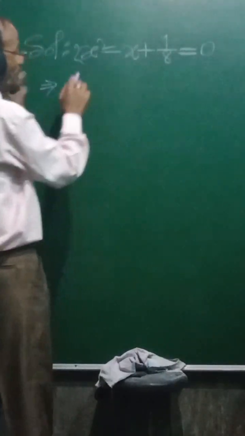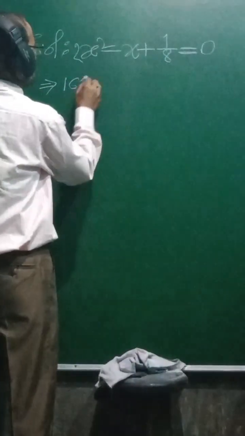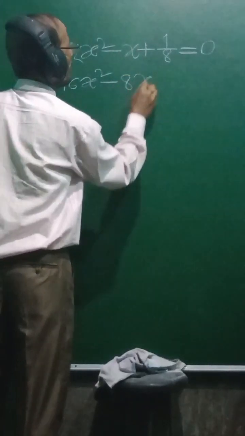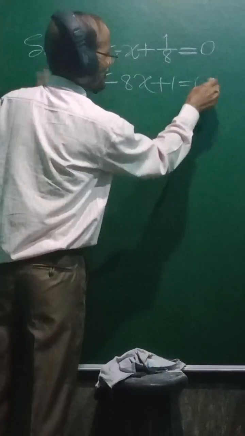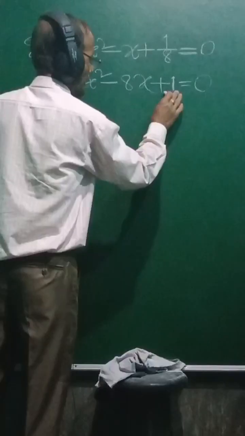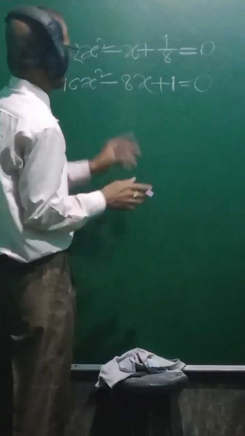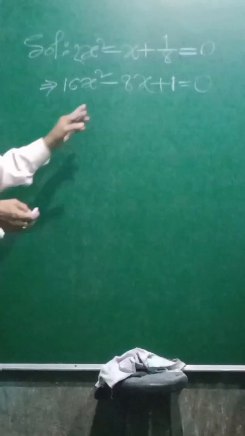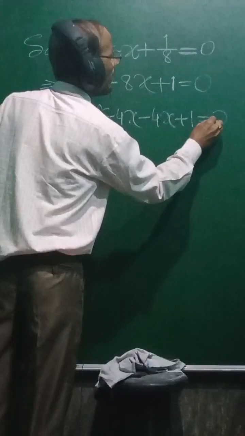This implies multiplying by 8 on both sides. So it will be 16x square minus 8x and then plus 1 equal to 0 into 8, 0 again. Now you think this 16 into 1 is equal to plus 16 and here minus 8x is given. So how to factorize? We can factorize like that.